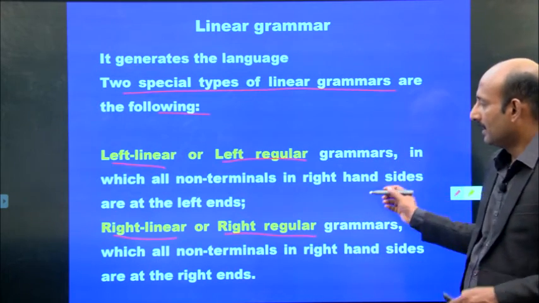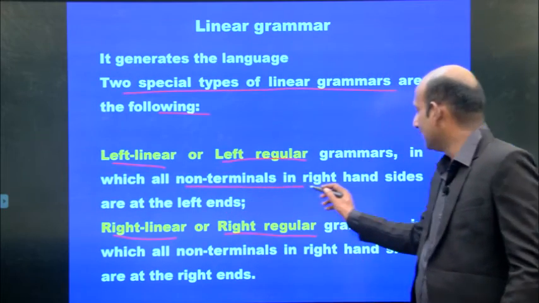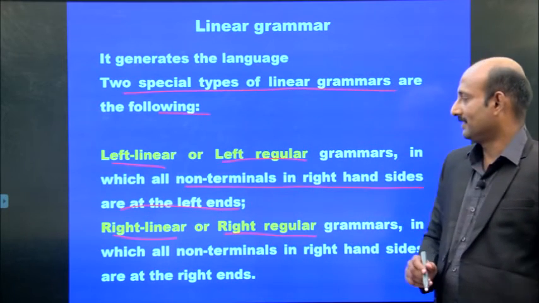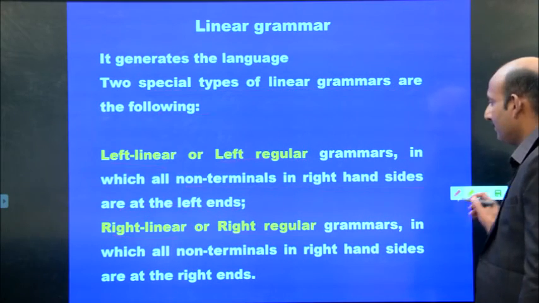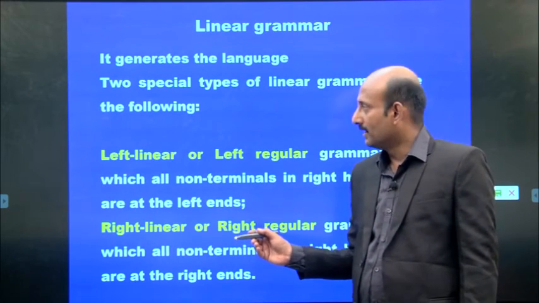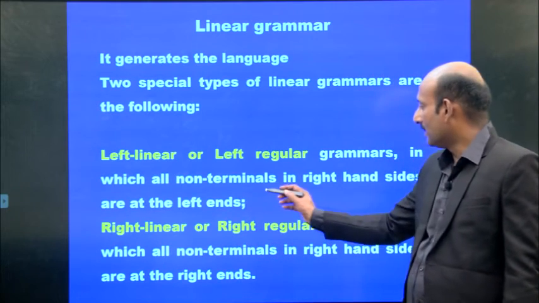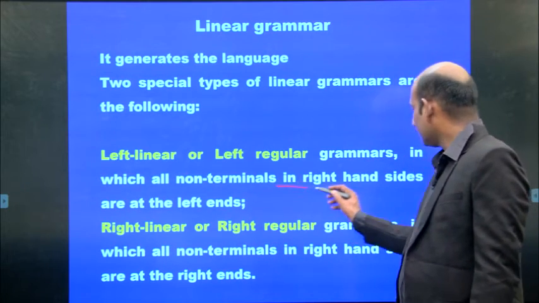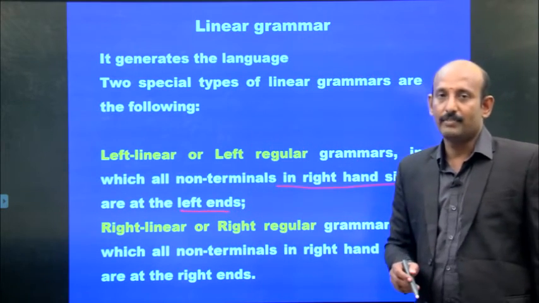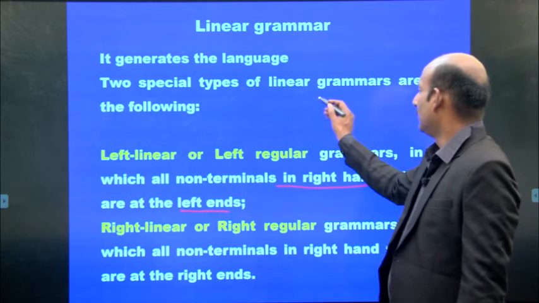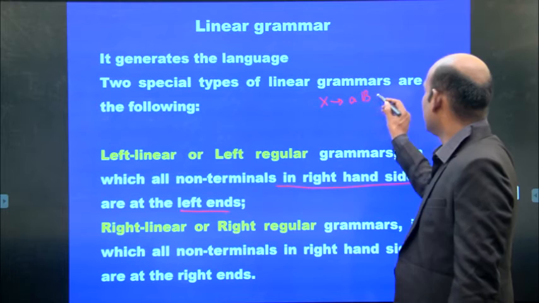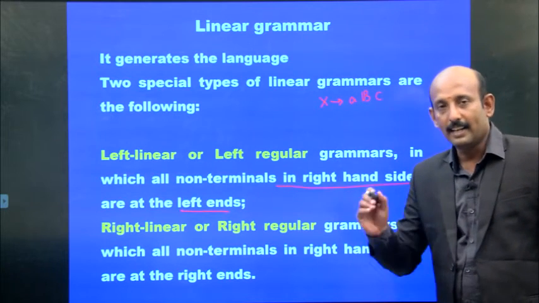A grammar in which all non-terminals in the right hand side are at the left end. It's very important here, at this left end. In the right side of this production, the non-terminals in the right hand side are at the left end. Left end means what? For example, if I have X equal to a, b, c, it is a linear grammar.